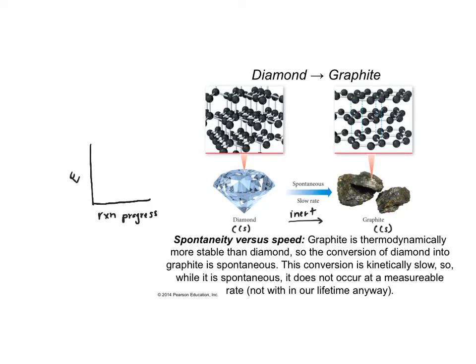Let's say that we have our reactants, which are diamond, so carbon solid, and they're going to make products, carbon solid, this is graphite. Now, overall, it's spontaneous. I'm going to tell you that already. Now, where does kinetics come into this reaction progress? Where do I draw kinetics?